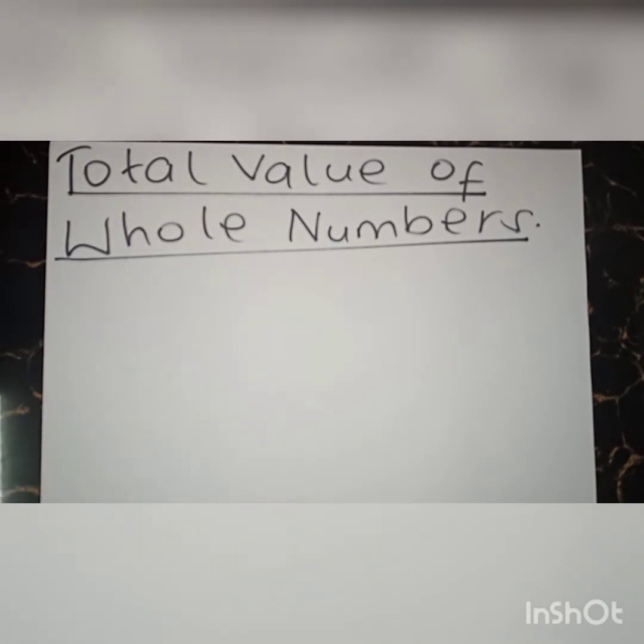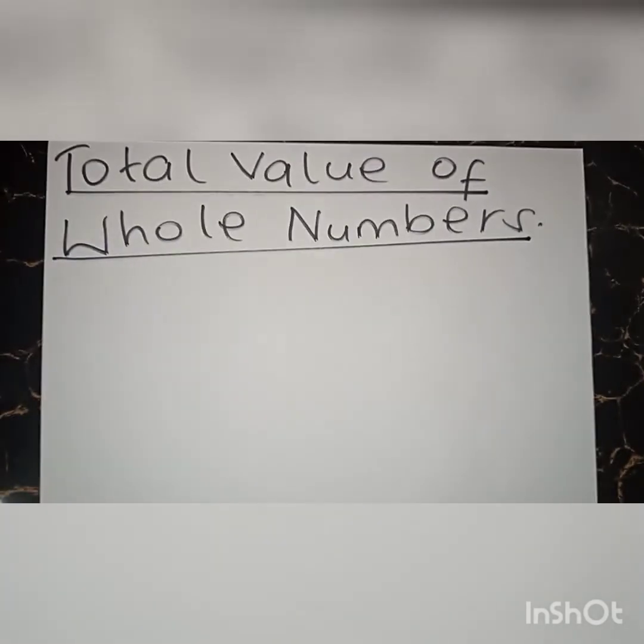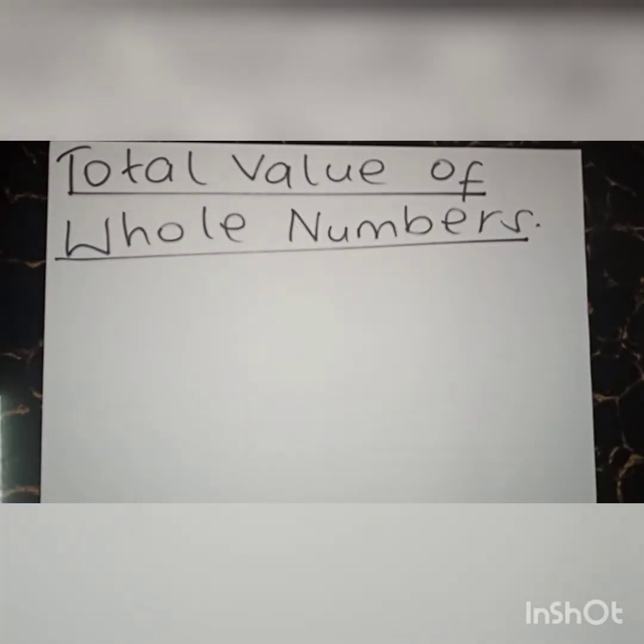And in order to know the total value of a number, we have to first know the place value of the specific digits in a number, okay? Because the total value is simply the product of the digits and its place value, okay?